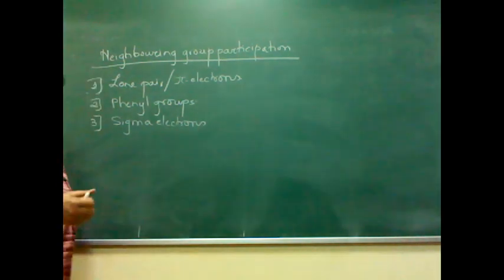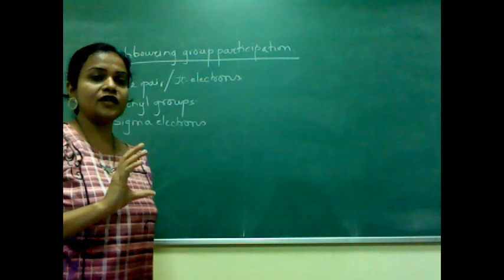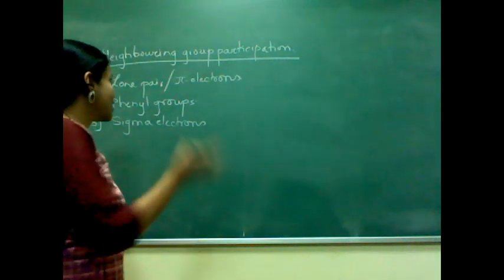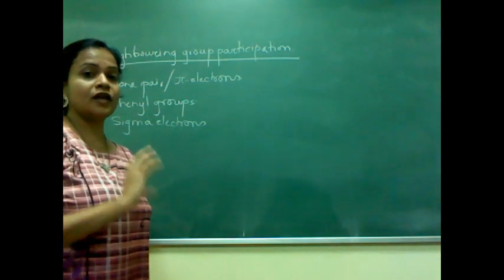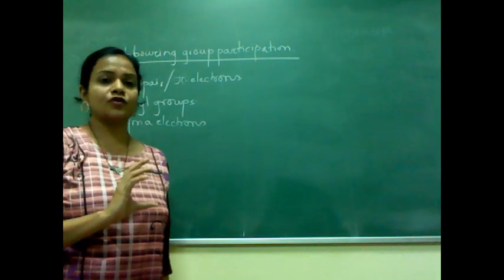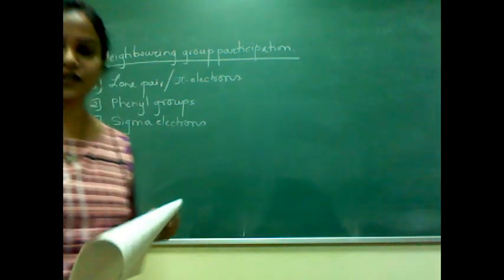One by one we'll try to understand the exact meaning of each of these. In this particular lecture I'll emphasize neighboring group participation due to lone pair of electrons. Here are certain examples.